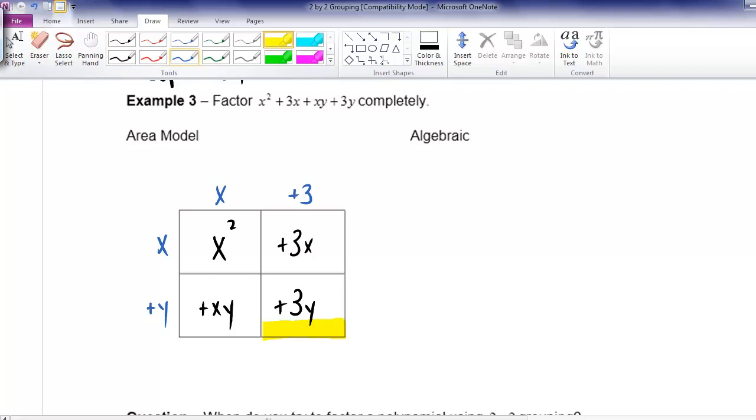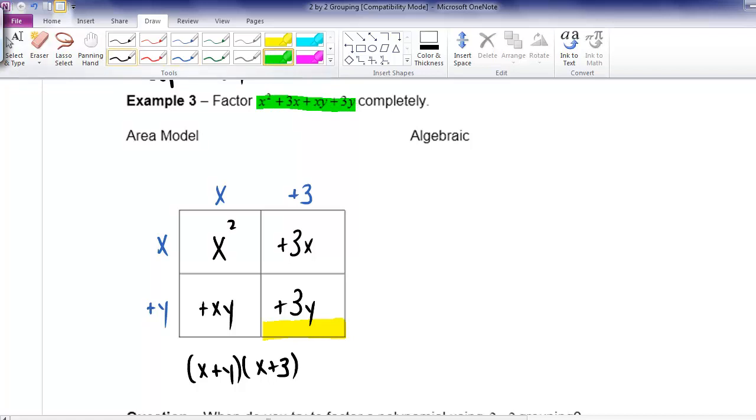So what that tells us is the dimensions of the rectangle that give us this particular area are x plus y times x plus 3. We have found the factors. We have found the 2 important pieces that when you multiply them together, you get back to this ugly expression.